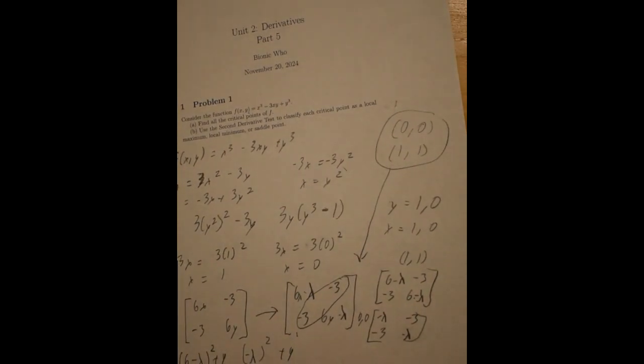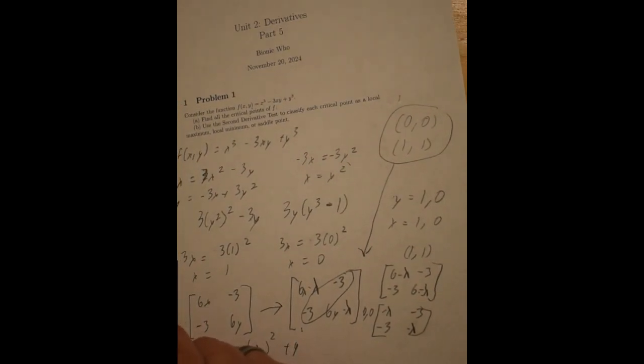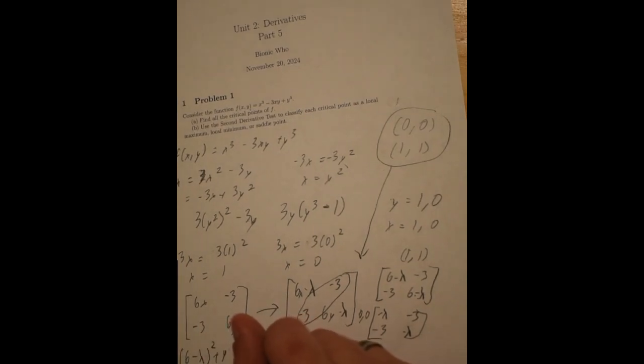And then for our first one, we would get this y squared minus 12 upside down y plus 36 plus 9. And then for the second one, we would just get this upside down y squared plus 9. And then we would calculate for this in both equations.